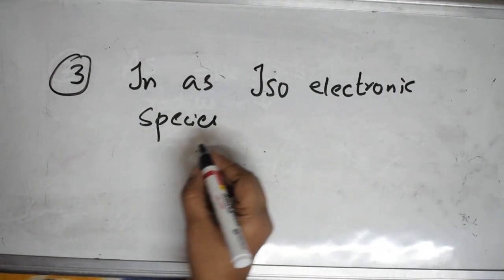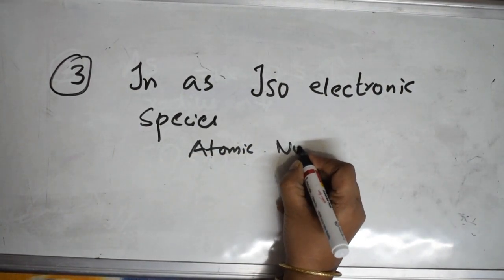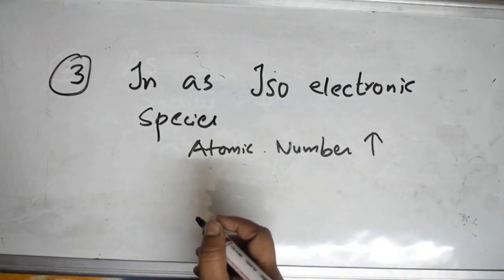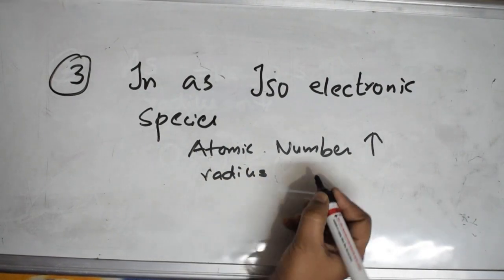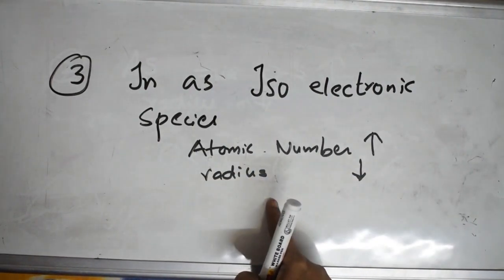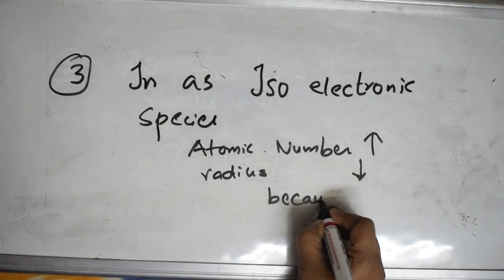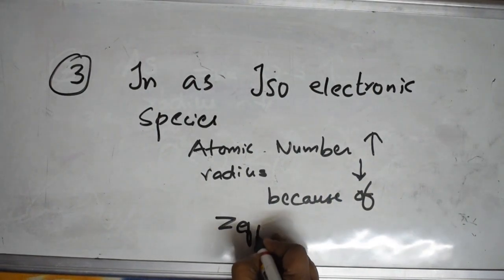As the atomic number increases, radius decreases. Remember, this is the third trick. Radius decreases. Why does this decrease? Because Z effective increases.